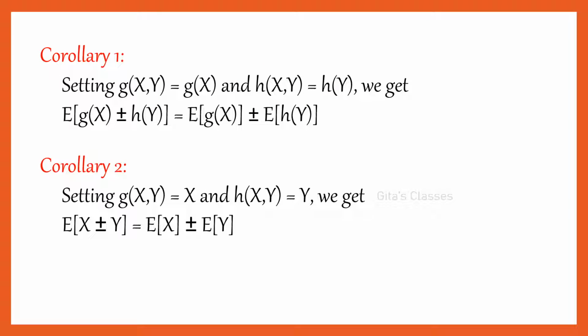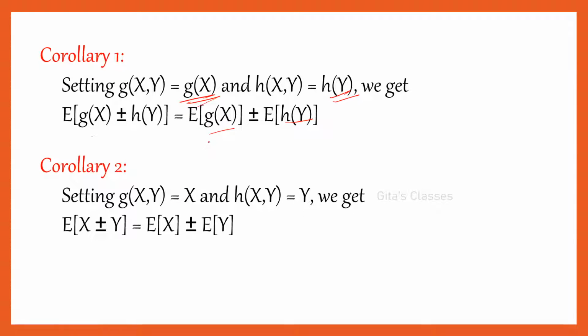Now the corollary: in the place of g of x comma y, if you substitute g of x alone, that is the marginal distribution of x. Similarly, h of x comma y becomes h of y, the marginal distribution of y alone. Then you can prove this is equal to E of g of x plus or minus E of h of y.